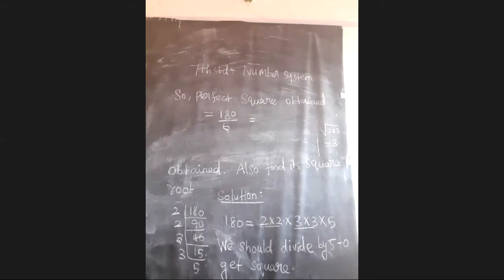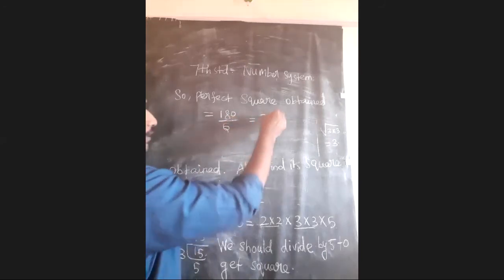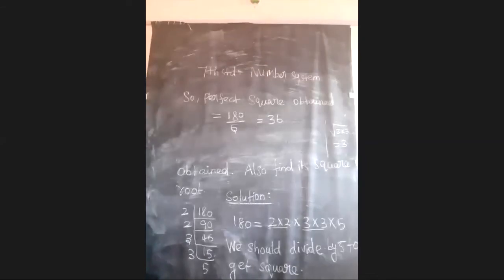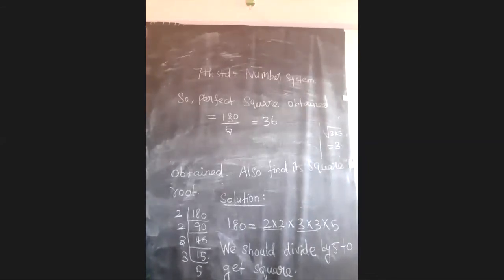Rashmi, 180 by 5 is 36, not 38. Aditya Kumar, 36. Good. So 180 by 5 is equal to 36.